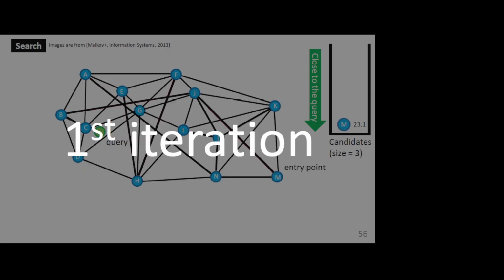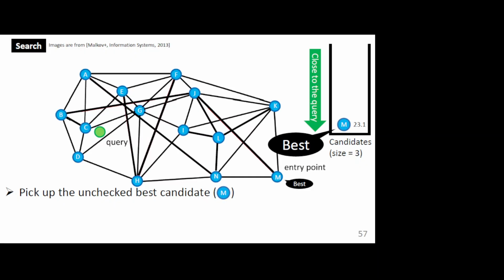Okay, let's now start the first iteration. At the start, in our bucket we have one candidate, so we check the best one. Currently there's only one, so this is also the best one, node N here.